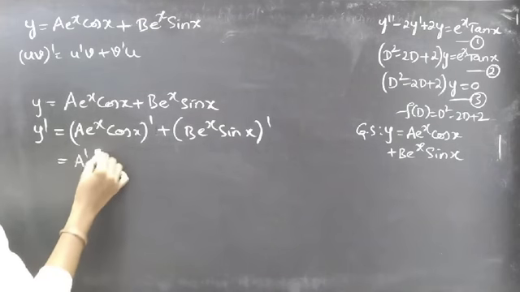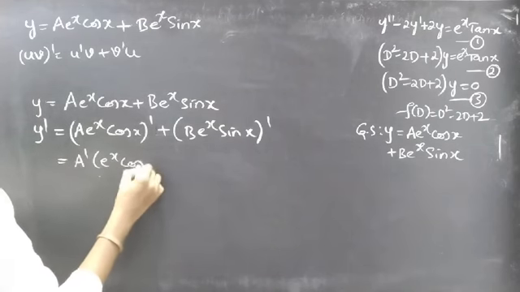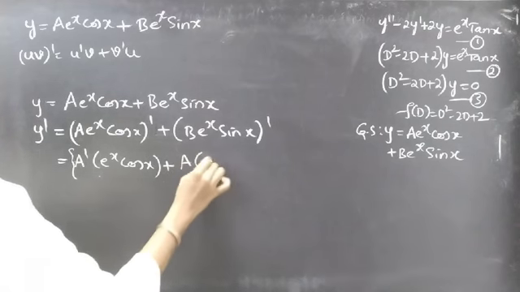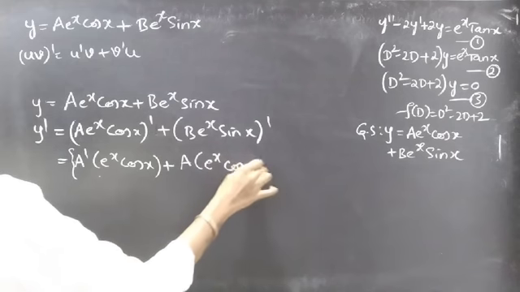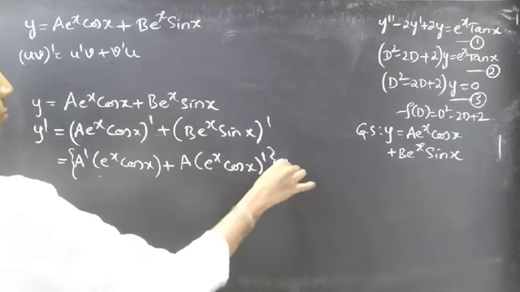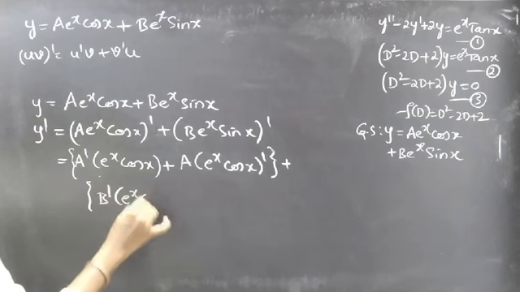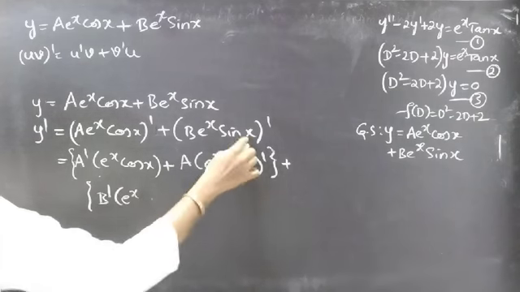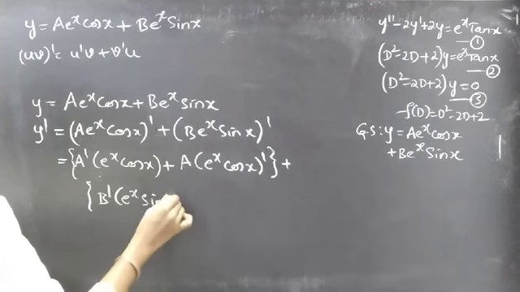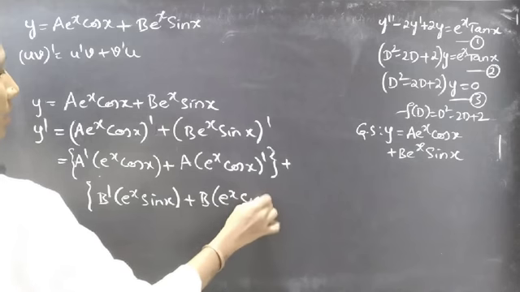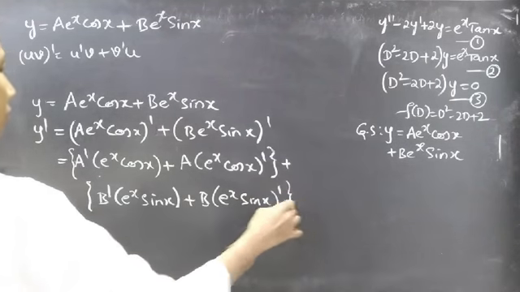We'll get a dash into e power x cos x plus a into e power x cos x whole dash plus b dash into e power x sin x plus b into e power x sin x whole dash, right?